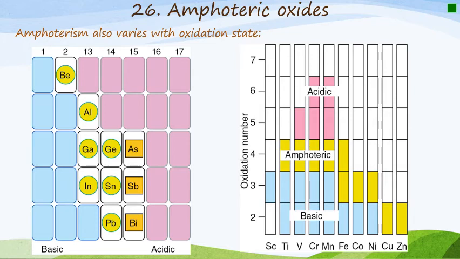All the ones that are circled here are where you would find the amphoteric oxides. With the transition elements, the plot of oxidation number going this way and the type of element going this way shows where the metals will be acidic, where they will be amphoteric, and where they will be basic.